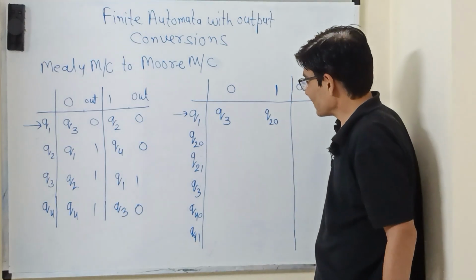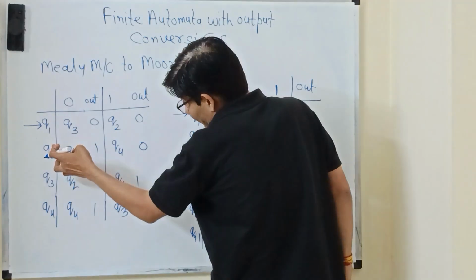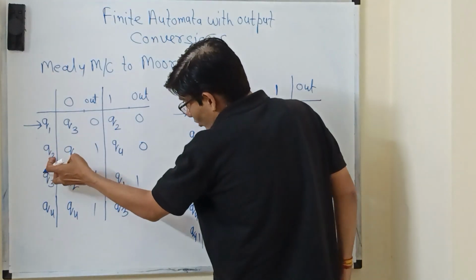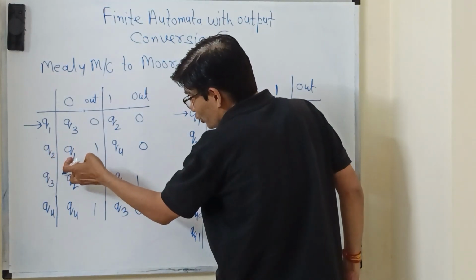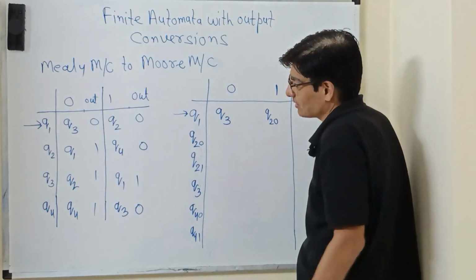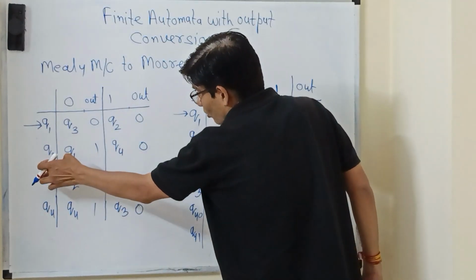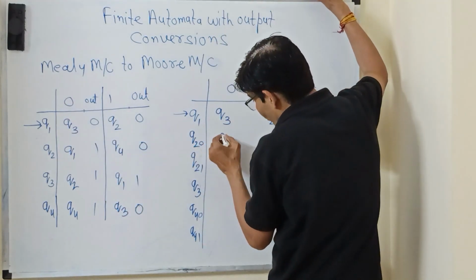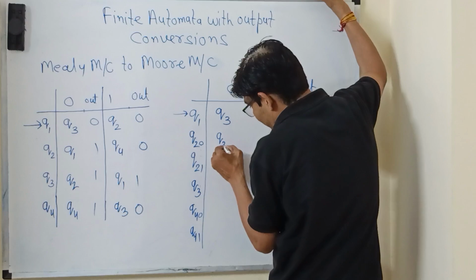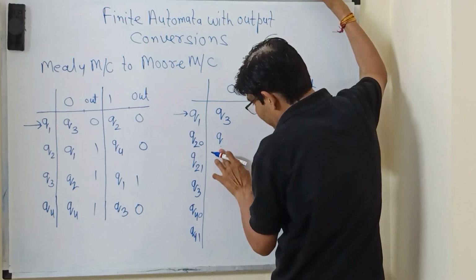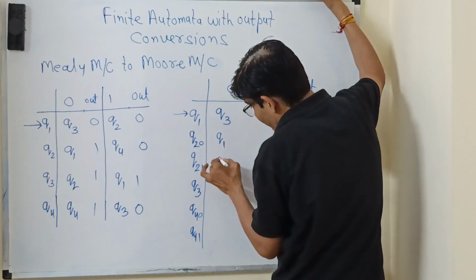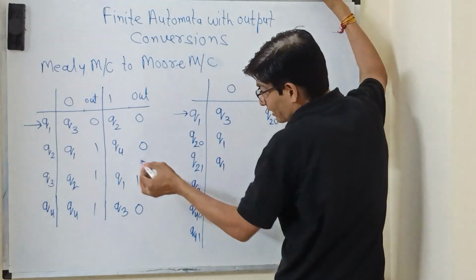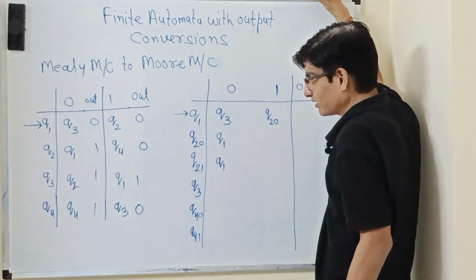Now on q2, if we are getting 0, we are moving to q1. In both q2 states we will use the same transition; we are moving to q1 only.